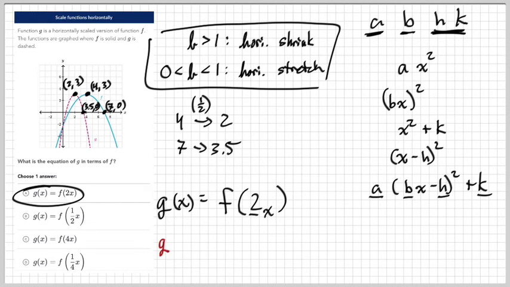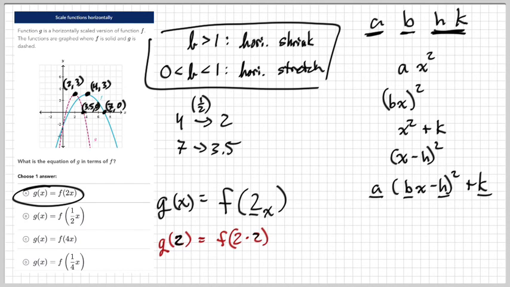And really quick, I want to show you guys why this works. Okay, so if I have a g, and if I plug in a 2, what am I supposed to get? If I plug in a 2, I'm supposed to get a 3, okay? Because this red line is the g. So let's go with our definition right here. I'm going to go f of 2 times 2. You see the 2 that I plugged in.